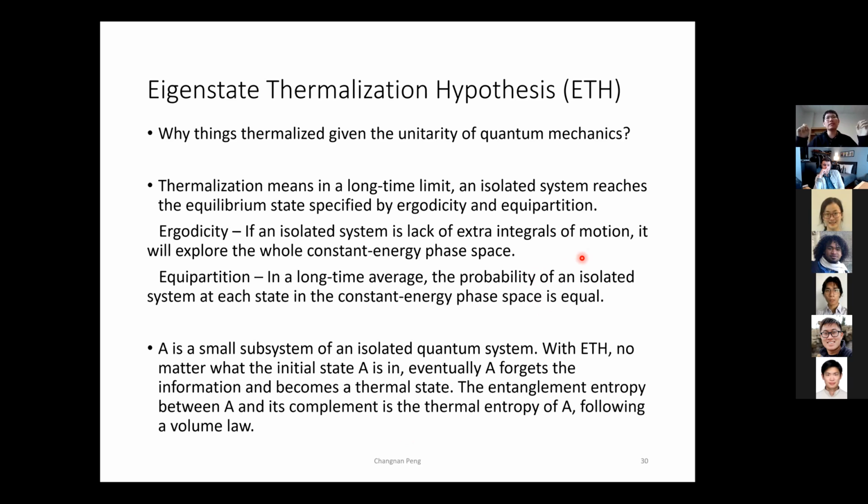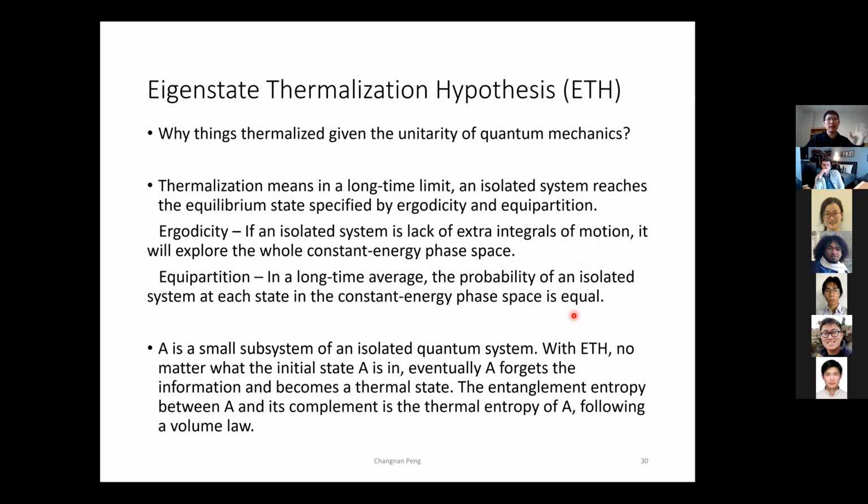The eigenstate thermalization hypothesis states that if we separate our system into parts, then after the evolution given by quantum mechanics, the parts will fully mix with each other, and for each part, the density matrix looks like a thermal density matrix in a long time average.